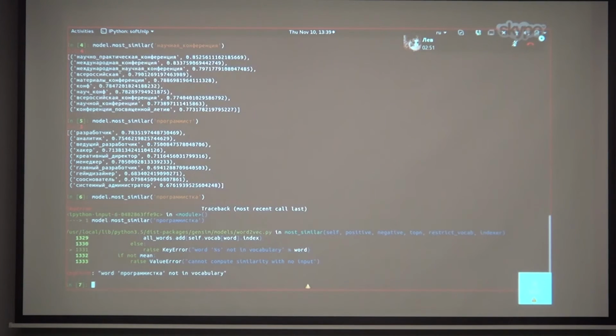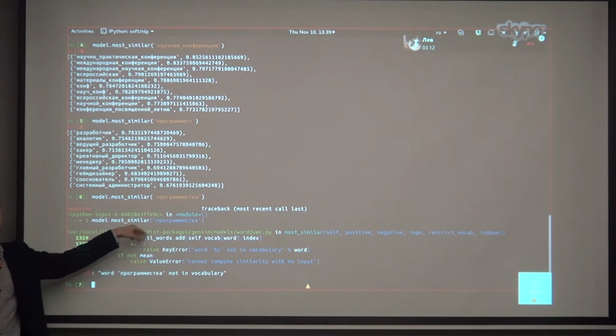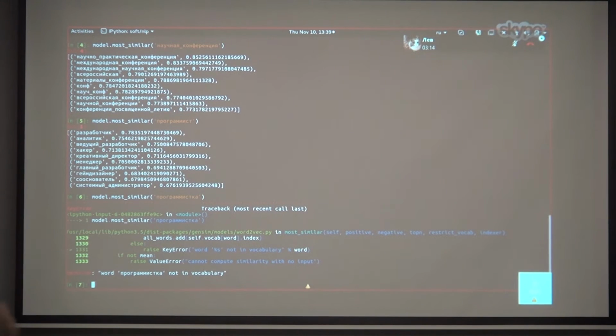And of course it's not in the vocabulary. That is expected because it's not a bad thing, by the way. Female software engineers are called программисты also. So in Wikipedia you will not have words like программистка.